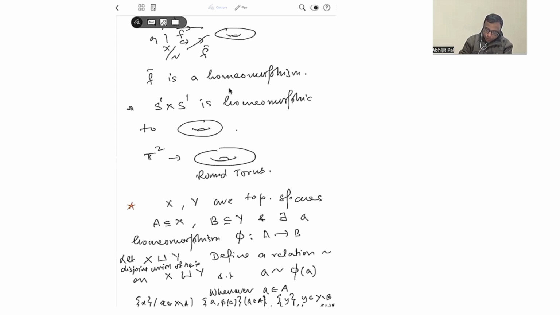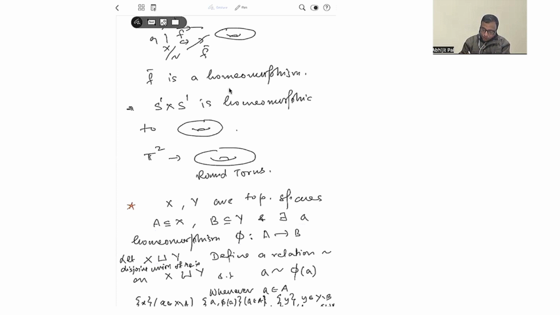Let us take two topological spaces X and Y, let A be a subspace of X and B a subspace of Y, and suppose there exists a homeomorphism phi from A to B. Let us take the disjoint union of X and Y. We want to build a space from X and Y by attaching A to B. What is the way to do that?